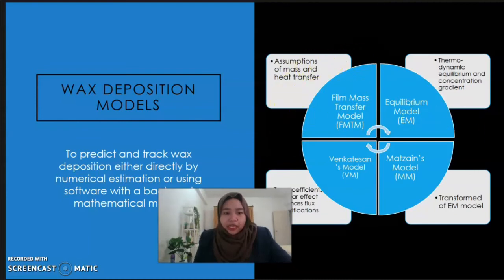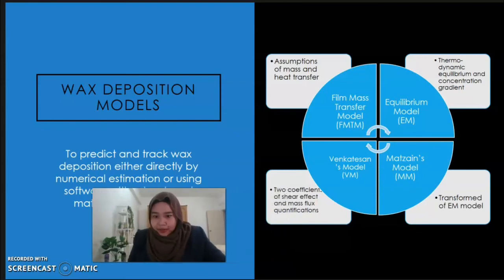FMTM is generated on the basis of the assumption of mass and heat transfer, given that both transfers operate independently. The second model is EM. Unlike FMTM, EM is built based on thermodynamic equilibrium and takes into account the concentration gradient in the model.